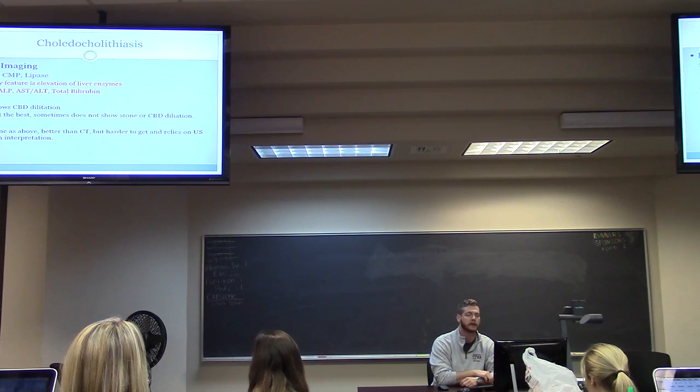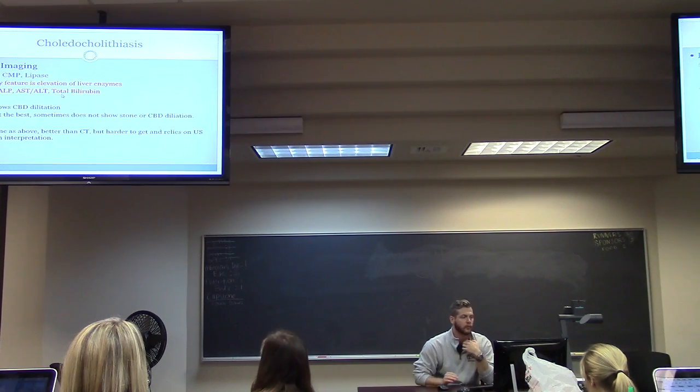Not all nausea, vomiting, abdominal pain, and elevated liver enzymes is choledocholithiasis or a gallbladder problem. There are a lot of other problems with the liver itself that are not obstructive that can cause those things. So knowing how to read your liver enzymes and developing a more tailored differential based on those ratios is important as well.